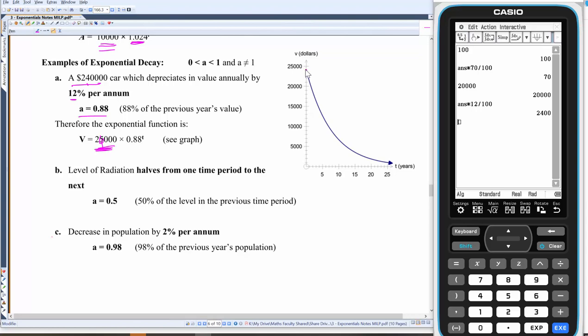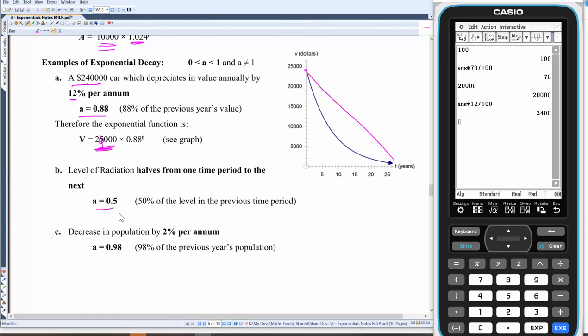And what you note here, we've got the start value of the car, and as the amount of years increases, so too does the value of the car decrease, at a rate of 12% of the previous year's value, or, be careful here, 0.88 of the previous year's value. So essentially it's going down, like so, but it follows this exponential decay path rather than the straight linear path.